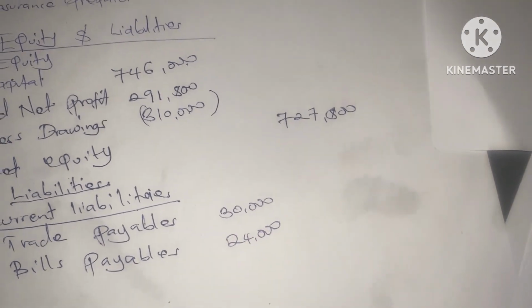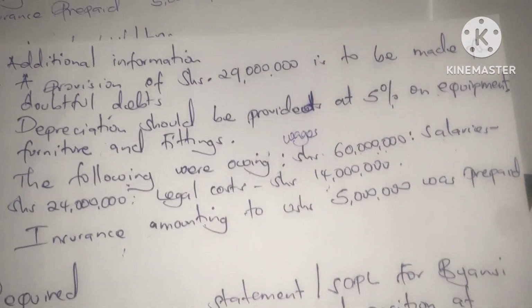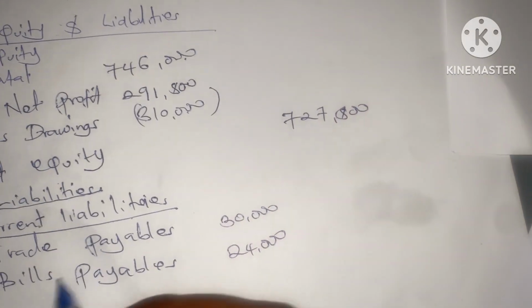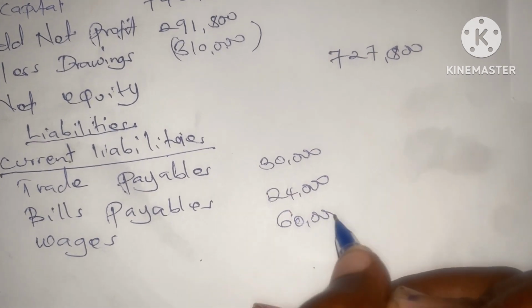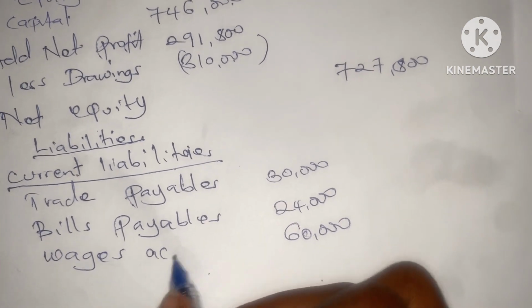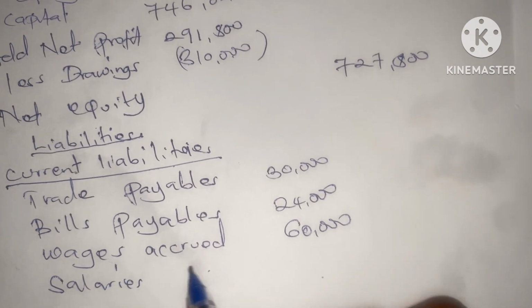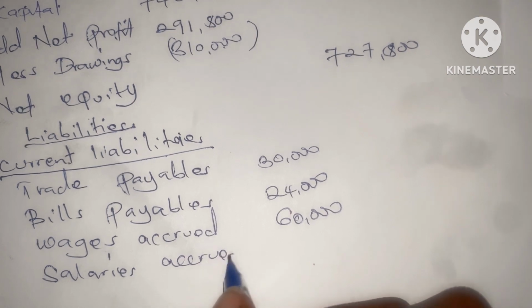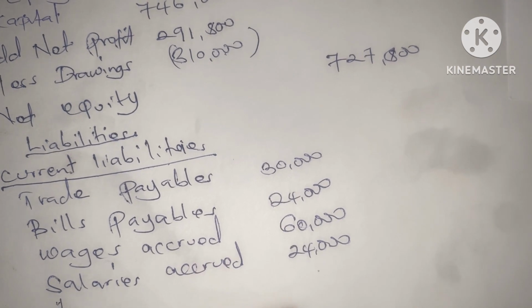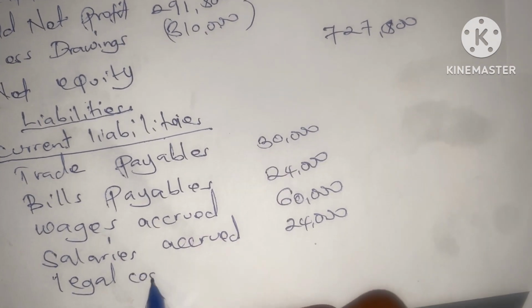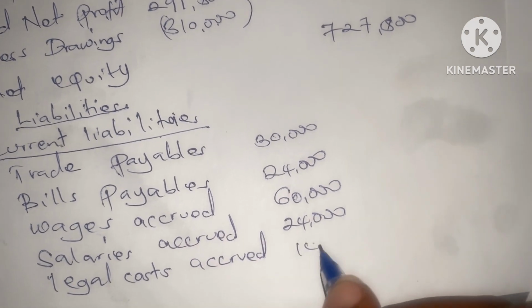Then we have the accrued expenses, wages 60,000. We also have salaries accrued, 24,000. And then we have legal costs accrued of 14,000.